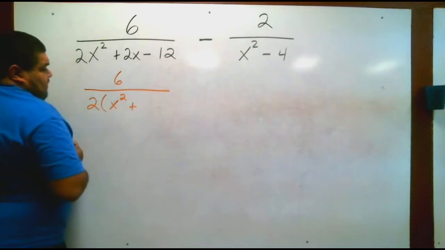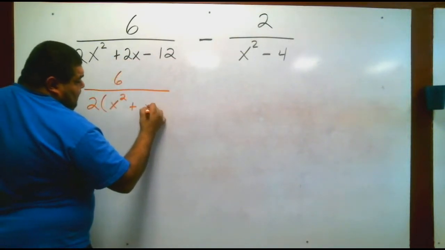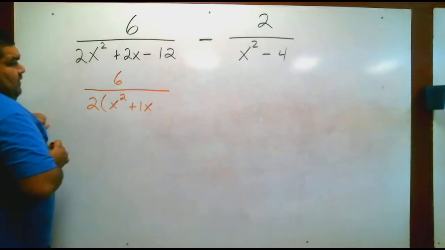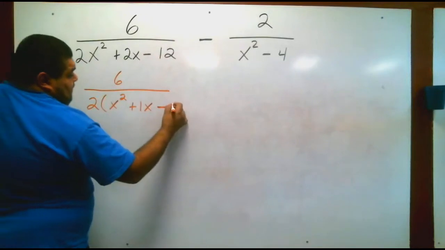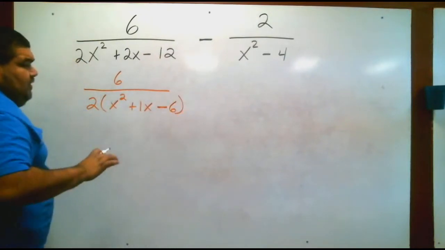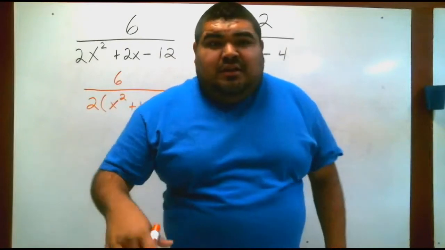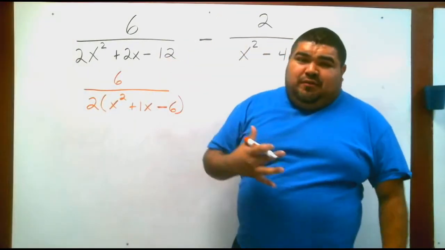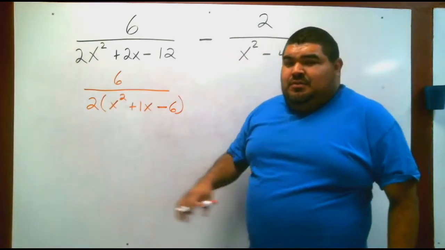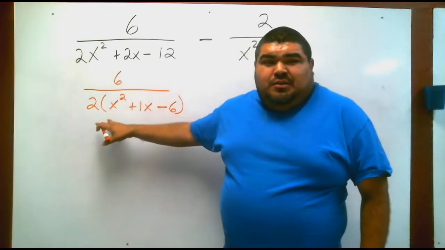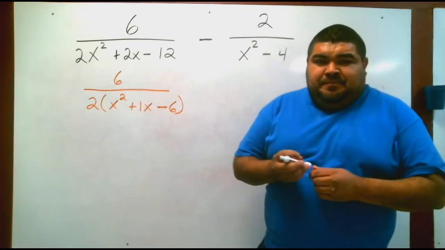Plus, again, 2 can go into 2 one time, so we're just left with x, or 1x, minus, 2 can go into 12 six times, okay? You might ask yourself, how come you didn't take out an x as well? Because there was no x on the 12, okay? So this is our new problem. We have 6 over 2 parentheses x squared plus 1x minus 6, okay?